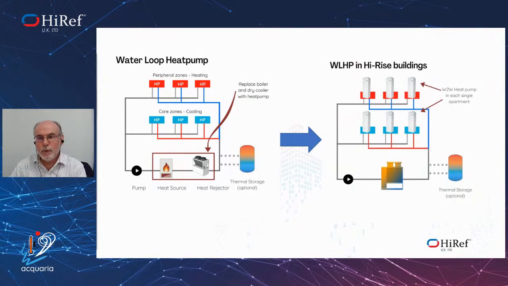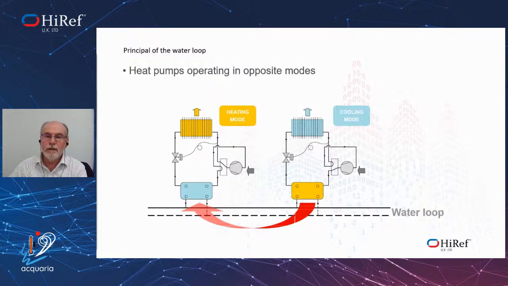So you end up with a very much simplified system. This has problems because of the water flow that you can get through a heat pump. So you have to consider how that is going to be thought about.